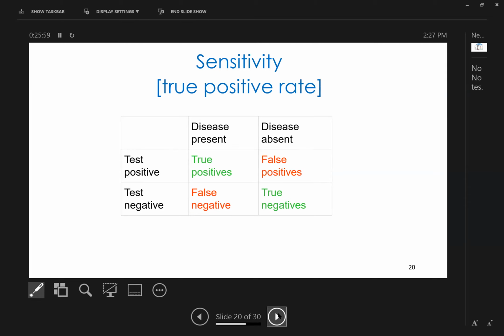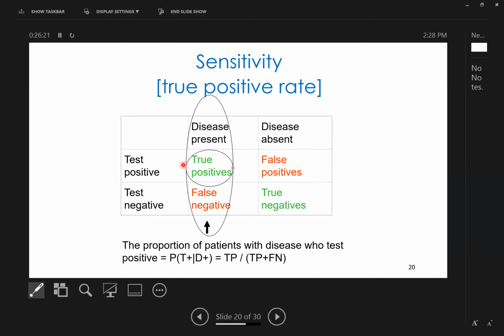These 4 cells are true positive, false positive, false negative, and true negative. And this is the video that I've actually done and uploaded already, so I won't spend too much time on this, but I will just show you how we compute sensitivity, okay? Sensitivity is, among all people who truly have the disease, say all people who are angiogram positive and have a heart attack, what proportion of them will be picked up as Apple Watch positive?